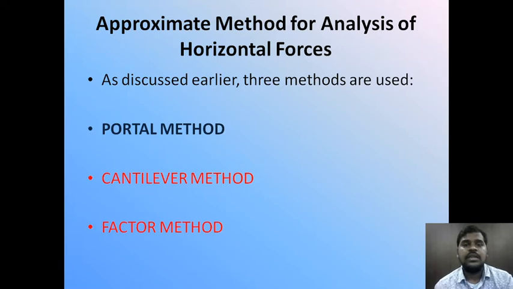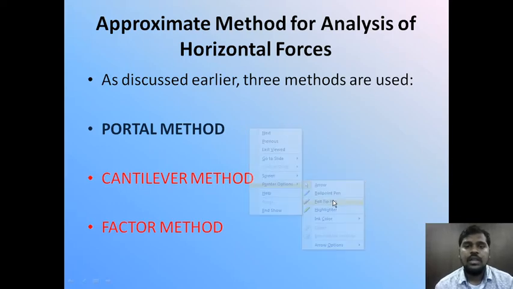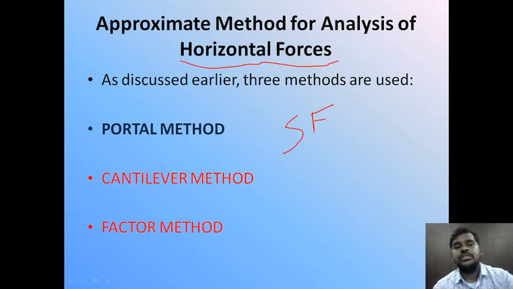So these three methods are exclusively used only for finding horizontal forces, that we have discussed already in the previous video. And apart from this, to find vertical forces also, we have one more method, that is nothing but substitute frame method. That was discussed in the first video, and in the second video the portal method was discussed.